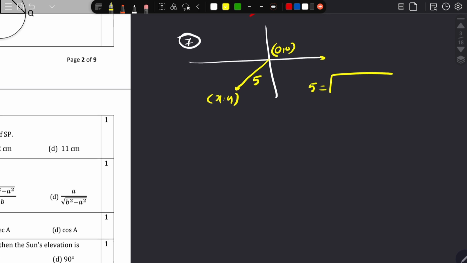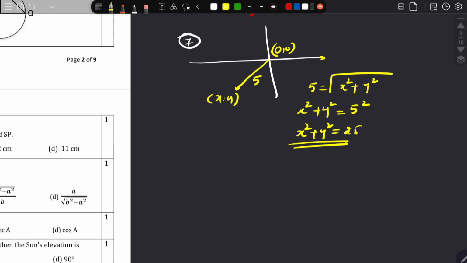So x1 is x and x2 is 0, so 0 minus x gives x square, plus y minus 0 gives y square. By squaring both sides, we get x square plus y square is equal to 5 square, so x square plus y square is equal to 25.